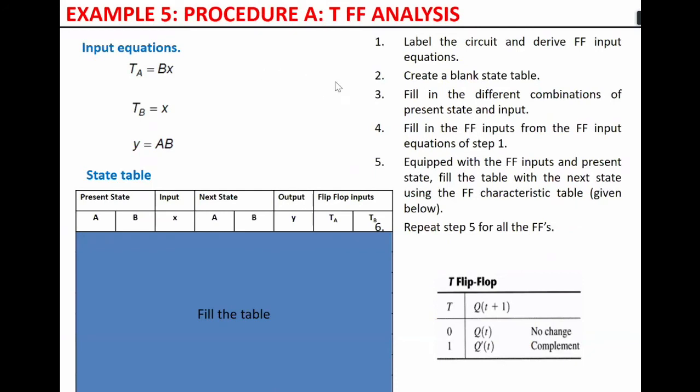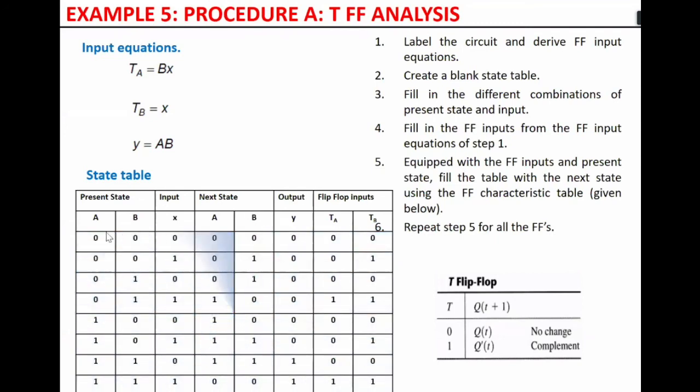Now, we've done that. We create a blank table. Then we fill in all the combinations of A, B, and X. Minendle, yes, you will be asked how the circuit behaves.